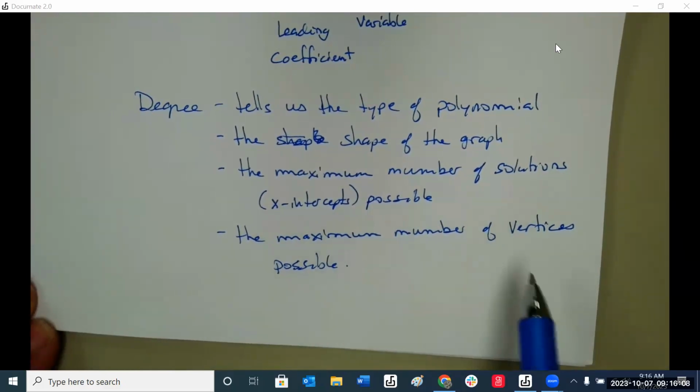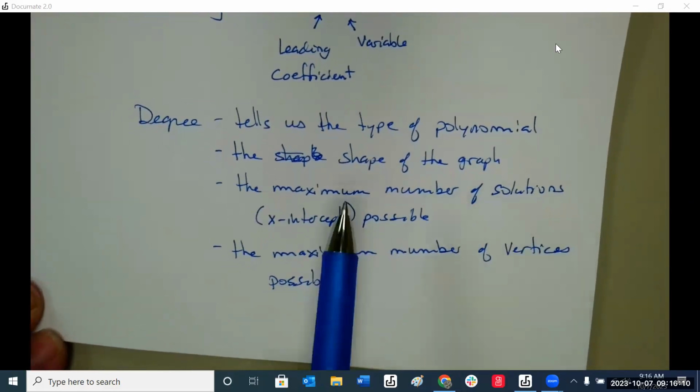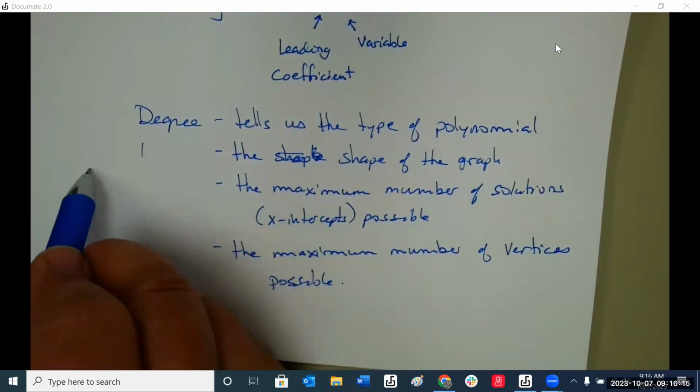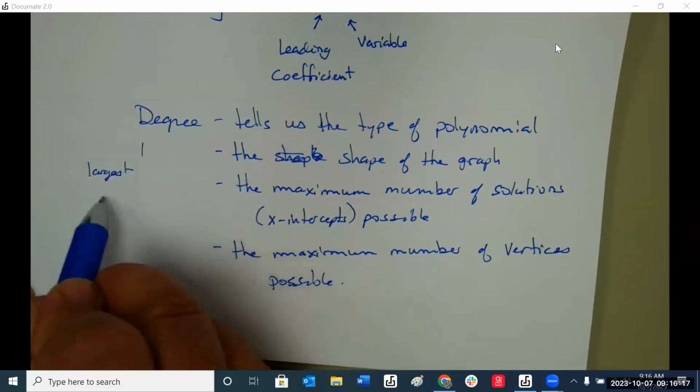So all of this stuff is given to us by the largest exponent. The degree is the largest exponent.